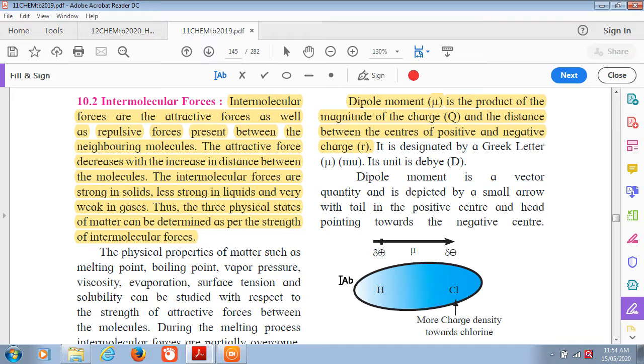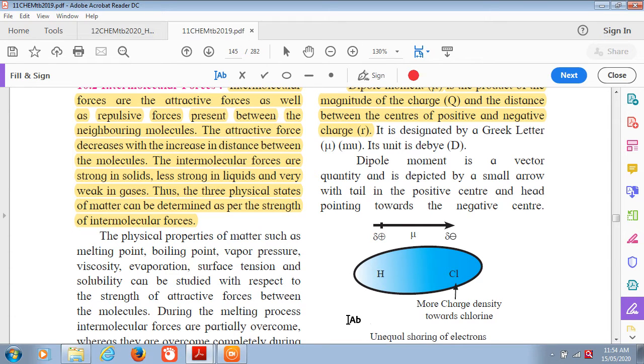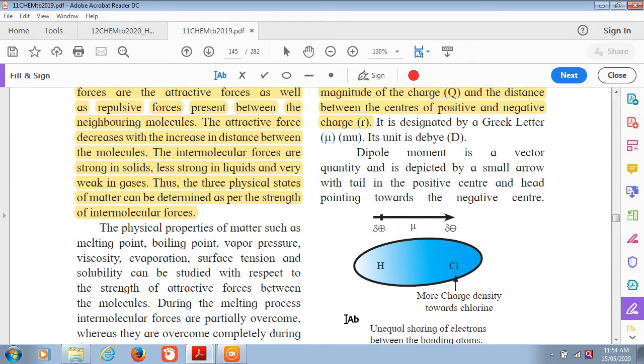Less is the sharing, less is the electronegativity. Chlorine pulls more electron density towards itself, so it is more electronegative. Hydrogen pulls less, so it is less electronegative. Due to that, the poles are created, hydrogen carrying delta plus and chlorine carrying delta minus. More charge density is towards chlorine because of higher electronegativity.